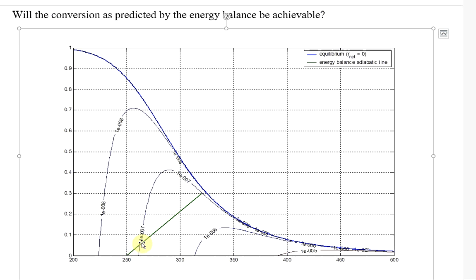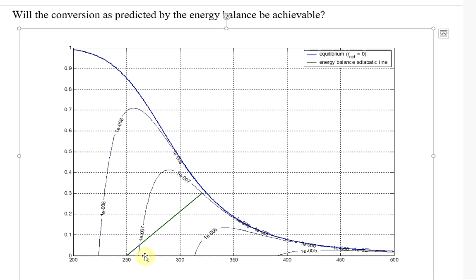And as you increase along this line, you can see the reaction rate actually goes up around here. So here the reaction rate is somewhere between 10 to the minus 6 and 10 to the minus 7. And then here it's very close to 10 to the minus 7. So reaction rate is varying along this line.